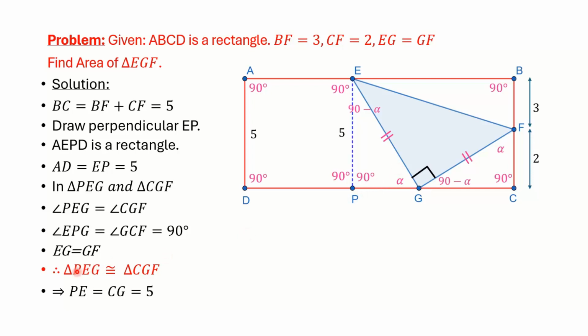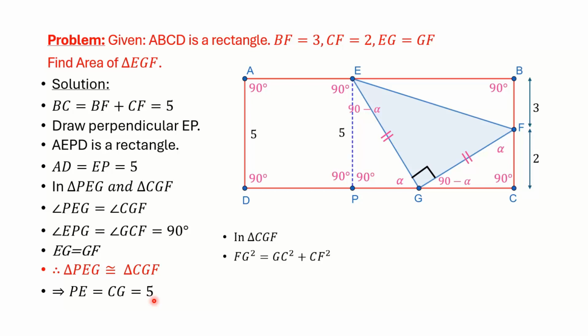P corresponds to C, E corresponds to G and Z corresponds to F. So PE equals CG and both lengths are equal to 5 units.